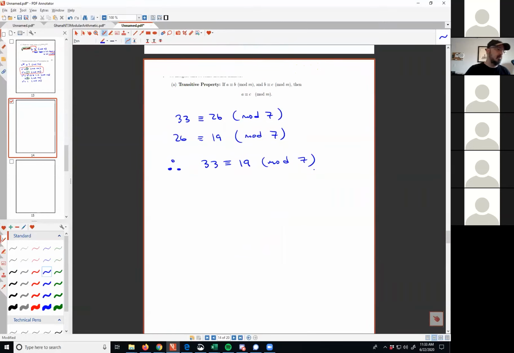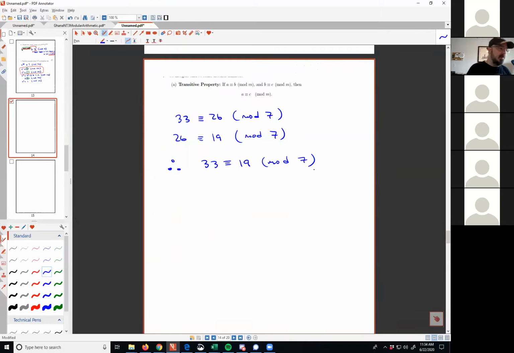Because the fact that congruent just means that you get the same remainder when divided by the modular number. Okay, so that's our intuitive explanation. That's the way we've built things up intuitively. Now I'm going to use the definition and do this in a rigorous way, the way that a mathematician would do it.